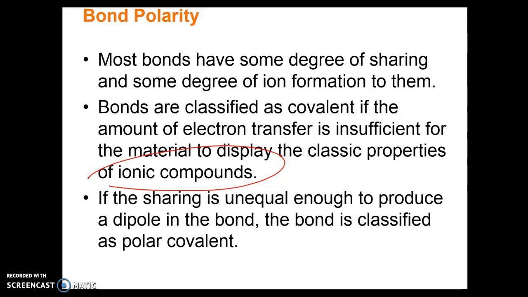So if you remember right, we had to talk about this, but in terms of numbers, and I'll get to that in a second, it says if the sharing is unequal enough to produce a dipole, di meaning two and pole meaning unequalness, then the bond is classified as a polar covalent.